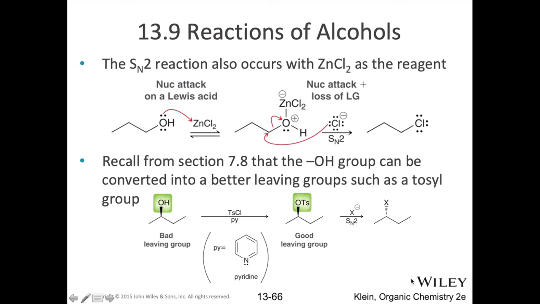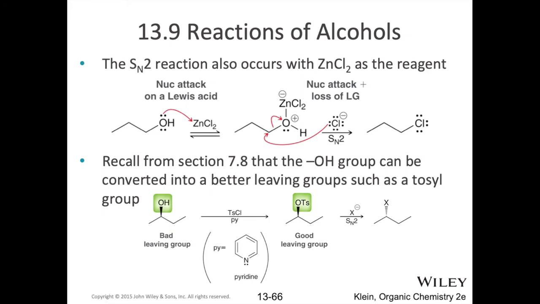Okay. So we've also seen other leaving groups, such as tosylate groups, that are pretty good. So you can swap out your alcohol for a tosylate using tosyl chloride and pyridine. It's very similar to what we saw with protecting our alcohol group with TMS.